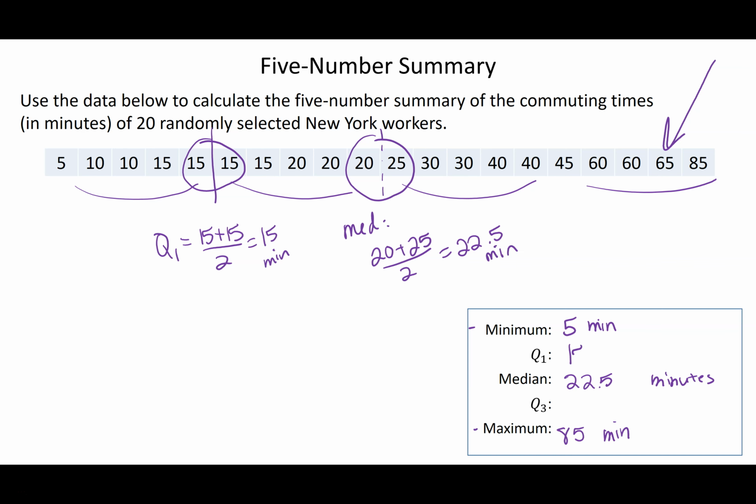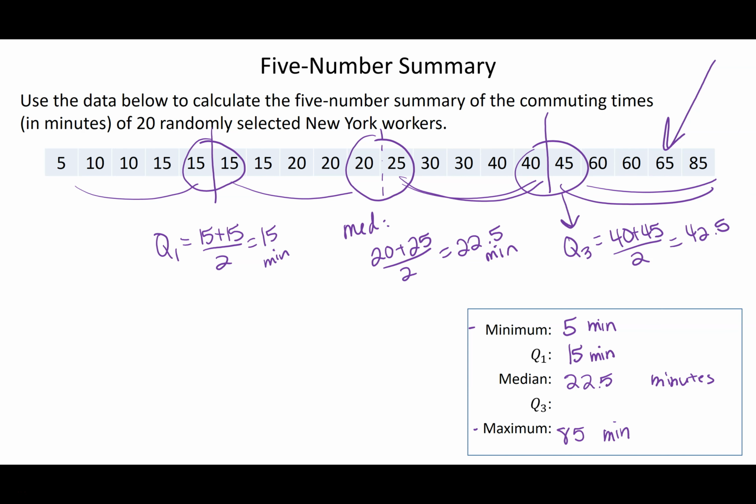So 15 minutes. And then for the third quartile, I need to average 40 and 45. It's going to be 42.5. So there we are.